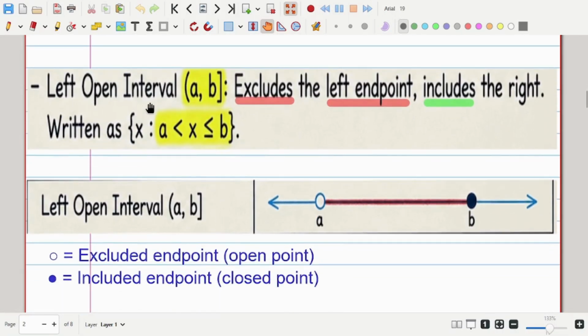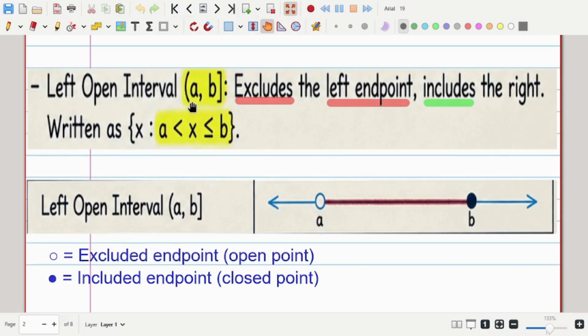Left open interval means we exclude the left endpoint and include the right endpoint. Left open means, remember, O means round, so use the round bracket on the left side and the square bracket on the right side.